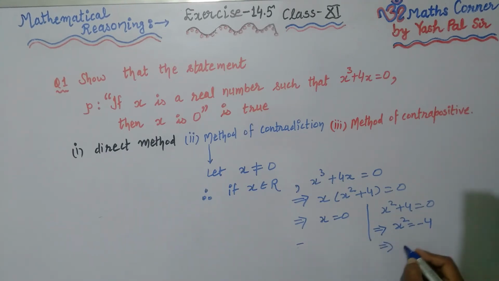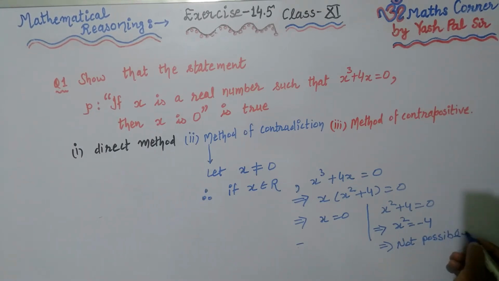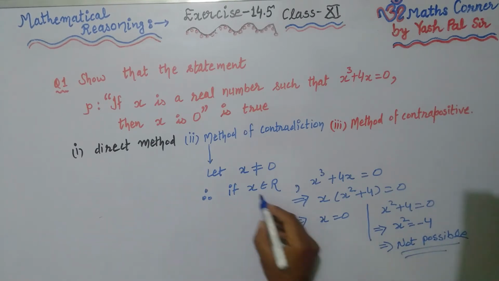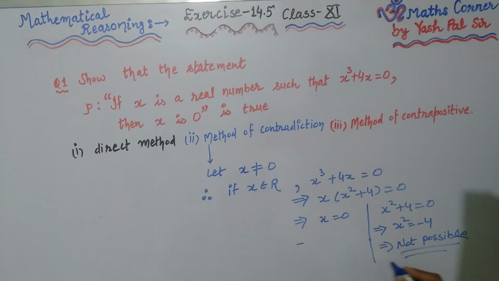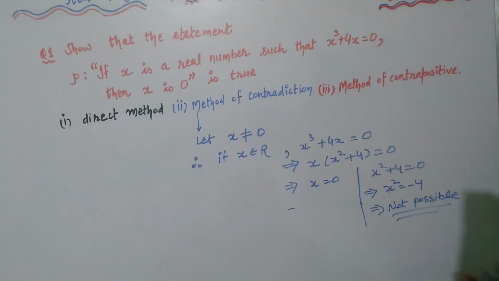Why is this not possible? Again we say the same thing: x belongs to real numbers and the square of any real number cannot be negative. So x square cannot be equal to a negative quantity.